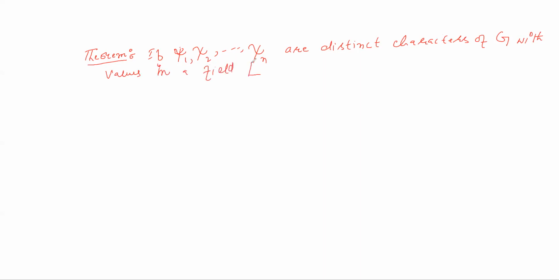If chi1, chi2, up to chi n are distinct characters of G with values in a field L, then they are linearly independent over L.